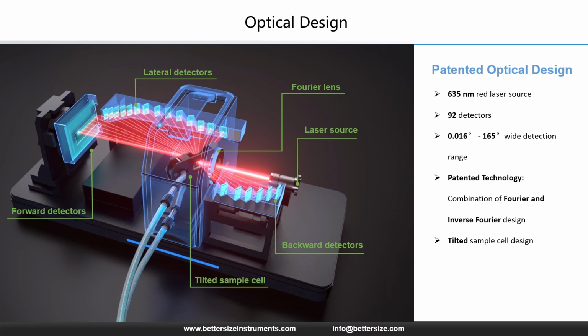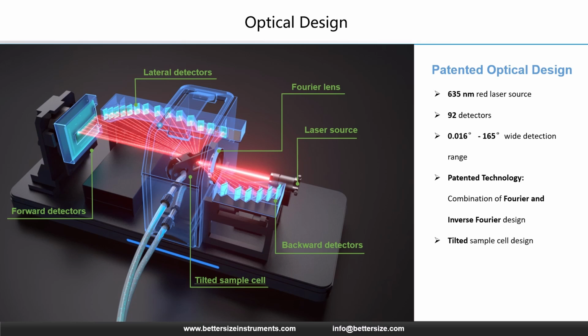Now, let's explore the patented optical design of the 2600 Plus. A high-power 635 nanometer red laser source illuminates the particles, generating scattering patterns captured by 92 detectors.